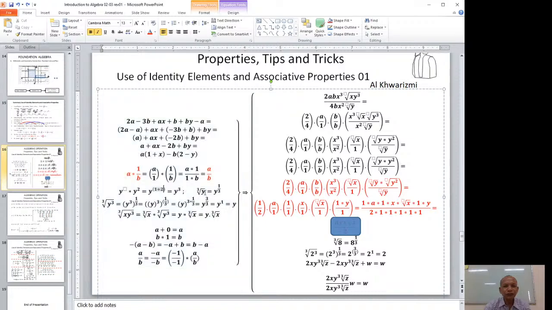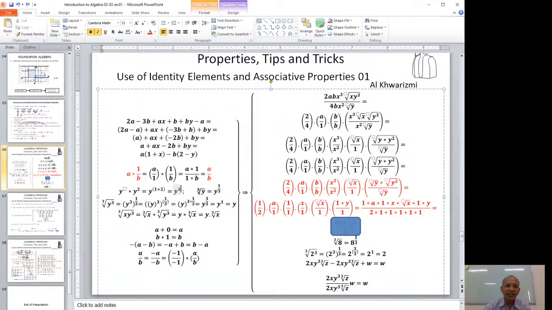Cubic root of y equals y to the power 1 over 3.